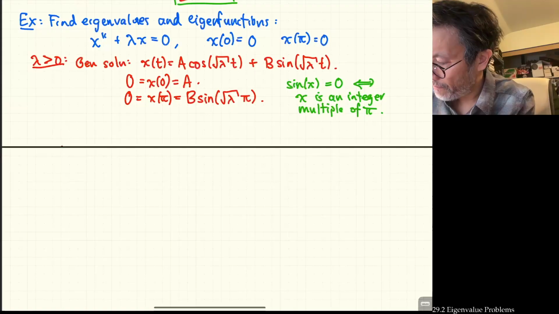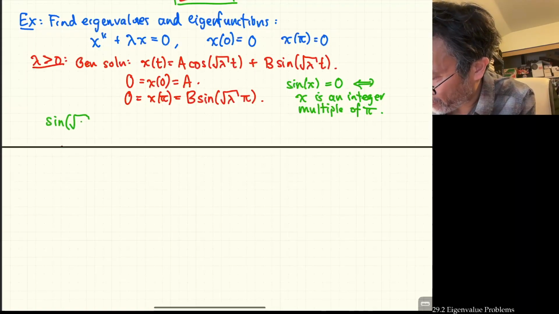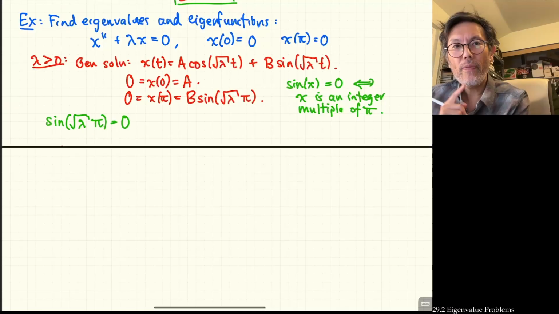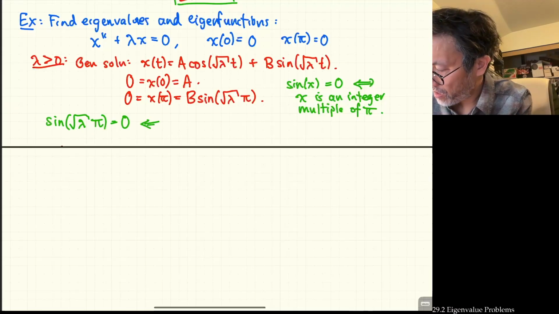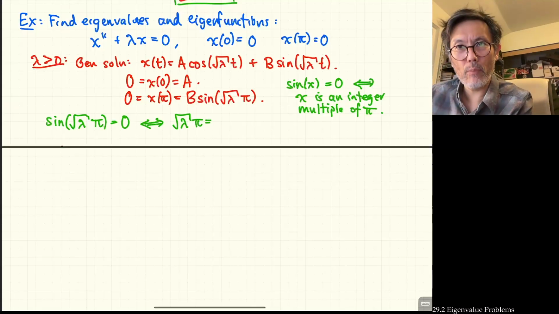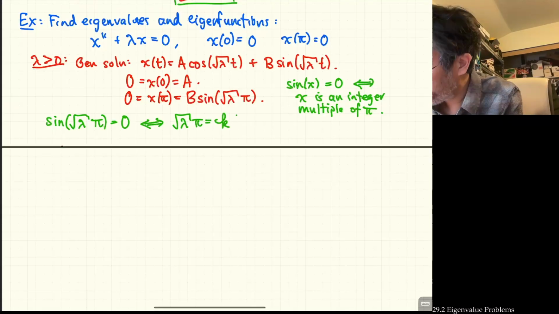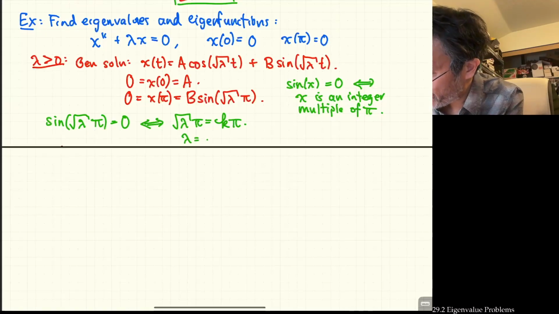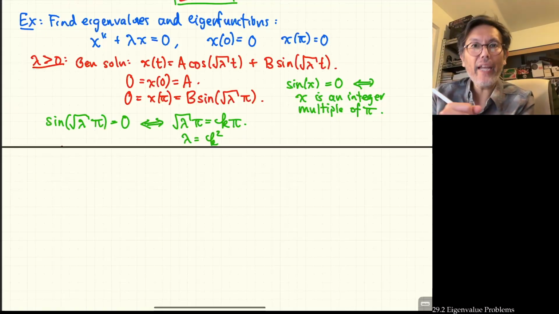But now look at this green fact. That happens when square root of lambda times pi is an integer multiple of pi. So I'm going to write that integer as k. Now, divide both sides by pi, square both sides, and we learn that lambda is equal to k squared, where k, again, is an integer.